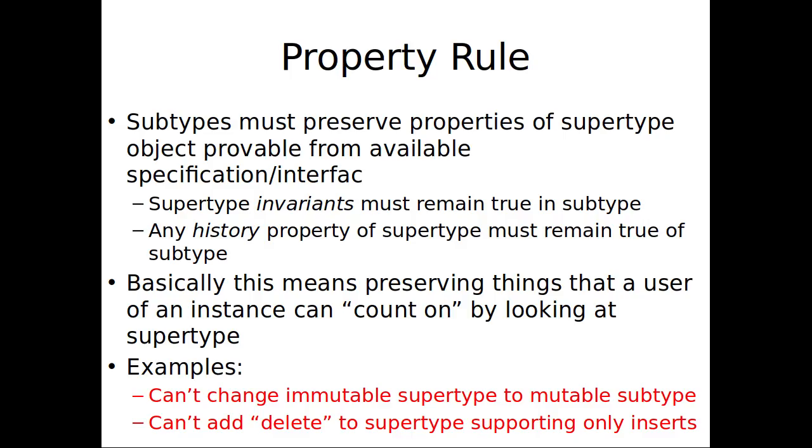If you're considering the supertype B, and you're looking at its different methods, you say there's no way this can change. There's no method that is going to change the values here. Then you could reasonably say, okay, this thing is unchanging.